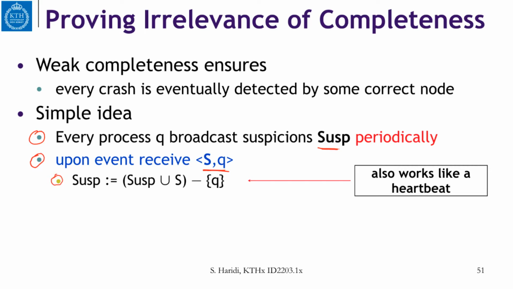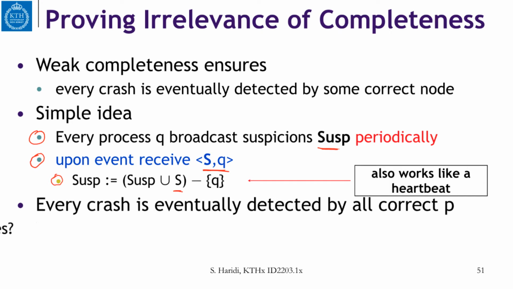It adds S to its suspicion list, and it removes Q from the suspicion list because Q has just communicated with it, so it is alive. So again, this works like a heartbeat because we remove Q if Q was in the suspicion list.